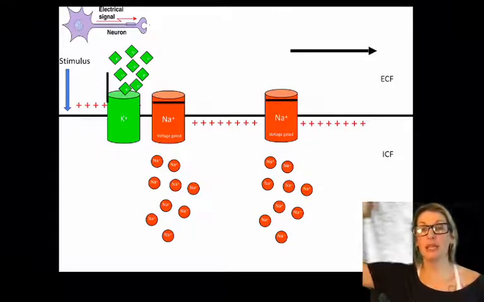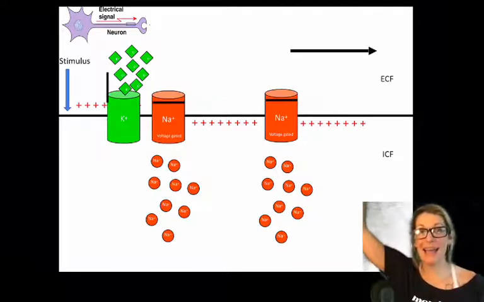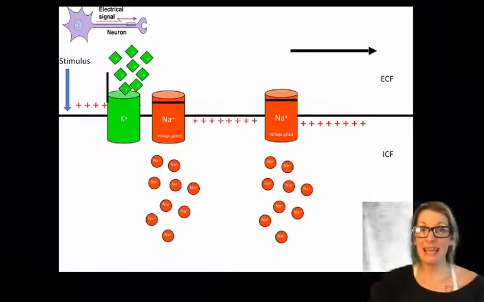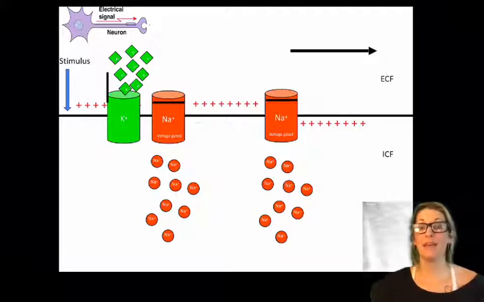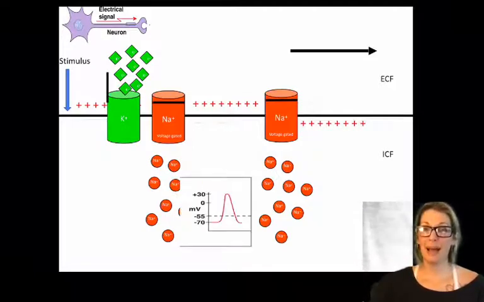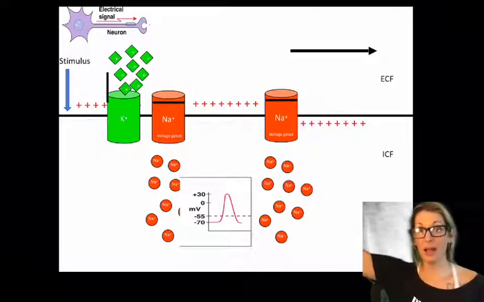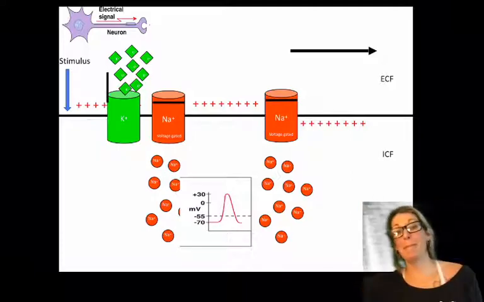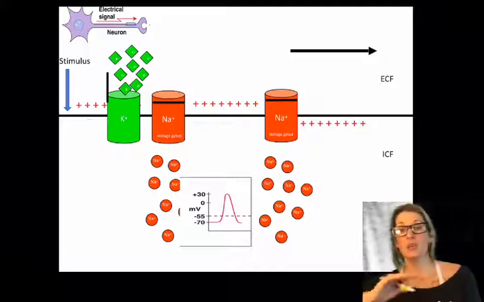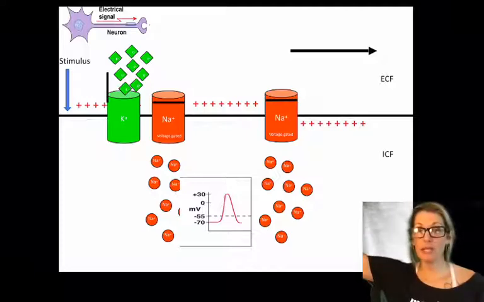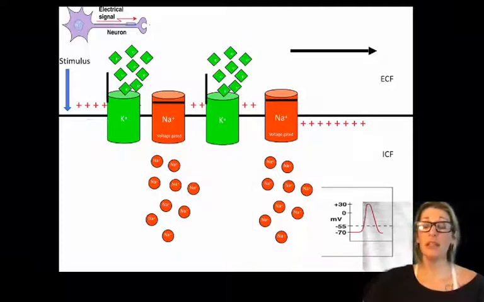So now what we're doing is we're pumping positive ions out of the cell. And what that does is it once again flips our membrane potential. So now on our plot, we went up positive and now we come back down negative. So potassium now reestablishes that negative resting membrane potential.